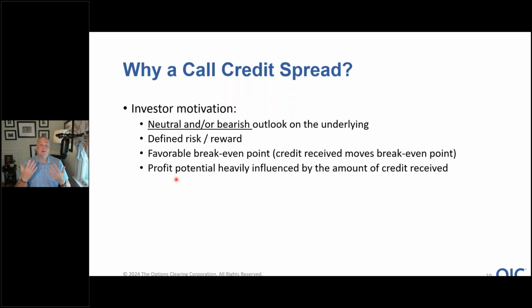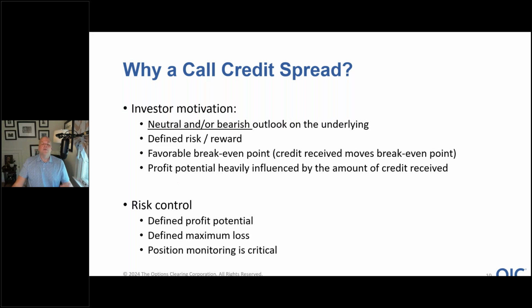Why is that? It's because the most you can make on a credit spread is what you sold it for. If that's the only position you have on, and it's both strikes in the same month and the same quantity on both strikes, that's the most you can make: how much you sold it for.